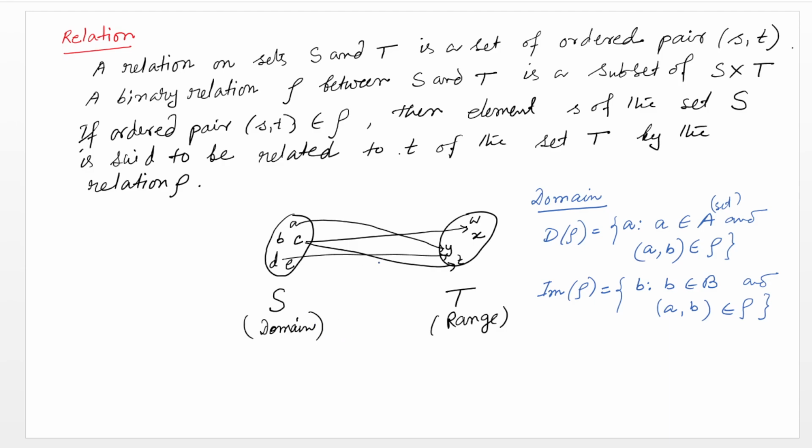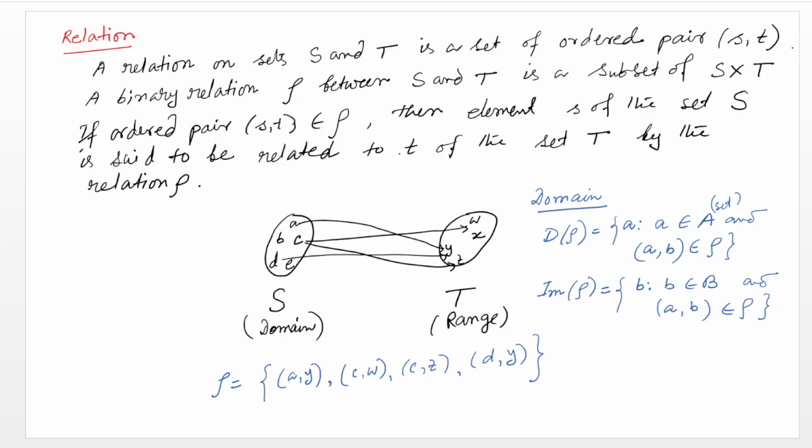The relation rho is the set of ordered pairs: A relates to Y, so (A, Y); C relates to W, so (C, W); C also relates to Z, so (C, Z); and D relates to Y, (D, Y). This is a binary relation.